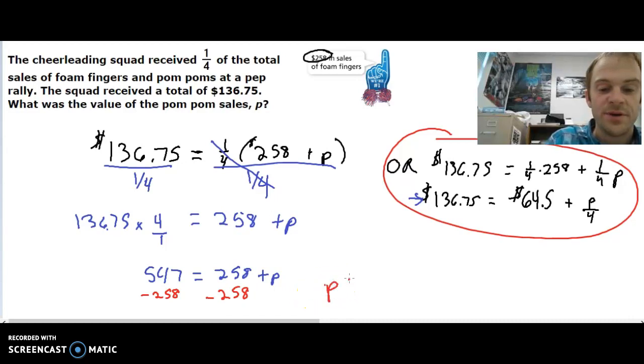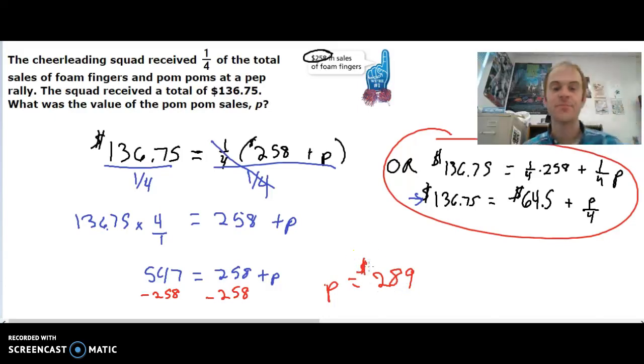So I end up with P is equal to 547 minus 258. I should have just left my calculator up. Let me do this. 547 minus 258 is equal to $289. This means that they sold $289 worth of pom-poms. Okay?